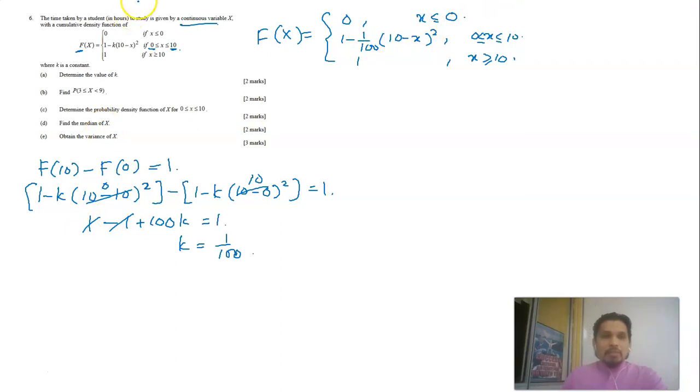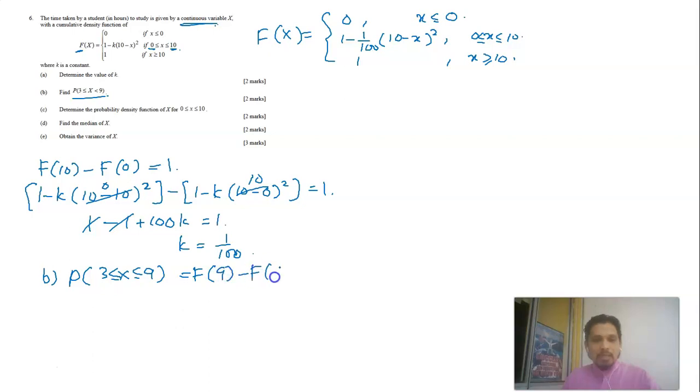So now, because this is a continuous random variable x, for question B, determine the probability of x from 3 until 9. Okay, we can straightly use F(9) minus F(3).